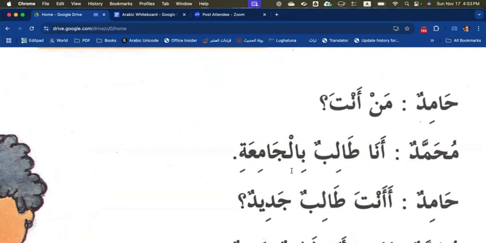This will always become majroor. That's why it's jami'ati, not jami'atu. Al-jami'atu becomes al-jami'ati. For example, if this was fi, it would be fil jami'ati, right? This just happens to be bi, bil jami'ati.